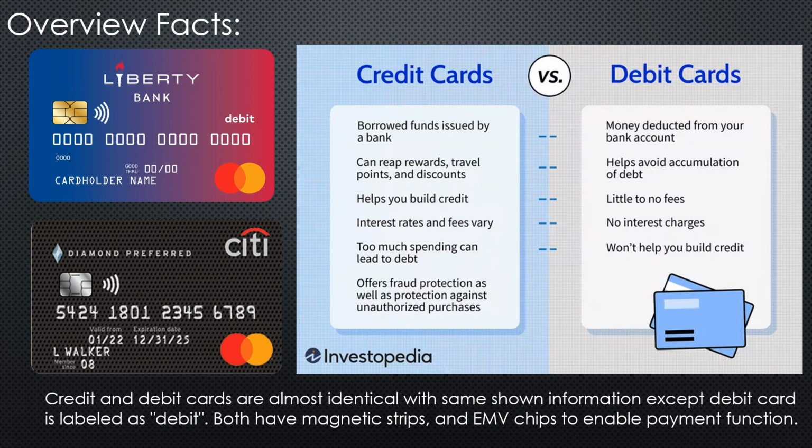The credit card company also offers fraud protection as well as protection against unauthorized purchases. However, the credit card charges a much higher interest rate and fees to the merchant for each purchase.